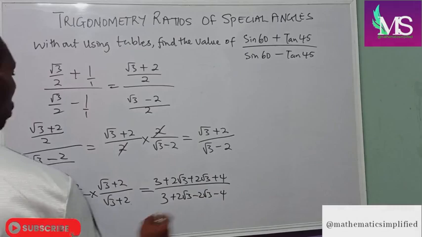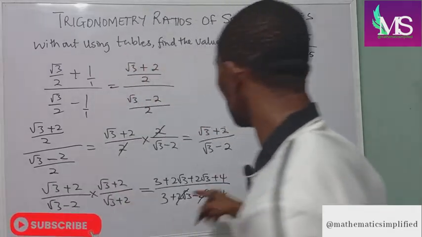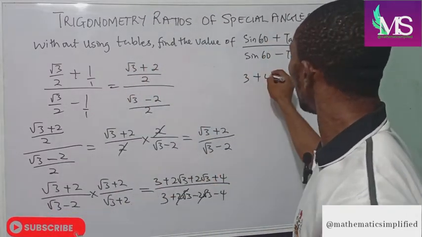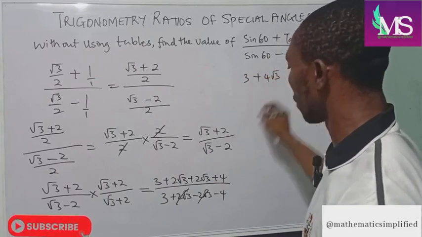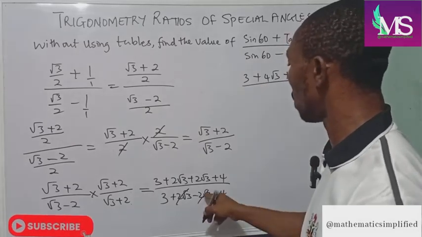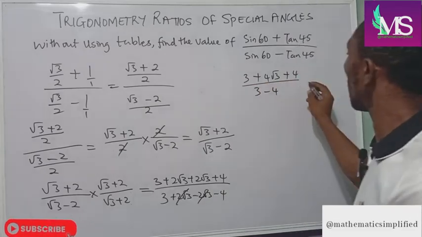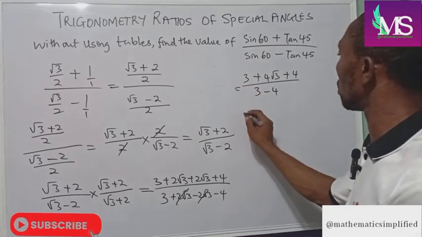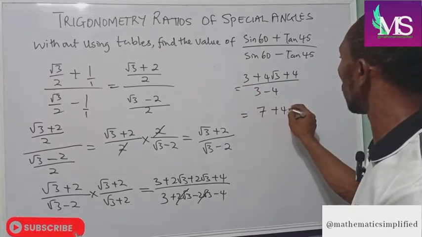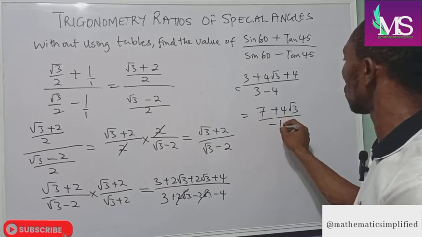Okay, so this will cancel out, leaving us with 3 plus 4 root 3 plus 4 all over 3 minus 4. Okay, so from here, we can now say this to be 4 plus 3 will give us 7 plus 4 root 3 all over 3 minus this minus 1.